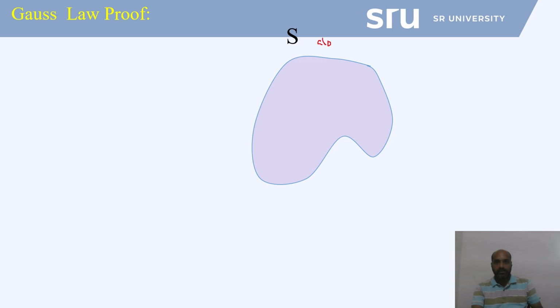In order to prove that, let this be the surface, and as per our previous statement, it is a closed surface. What does it mean? This surface encloses some volume, and inside that surface we will consider a point charge.